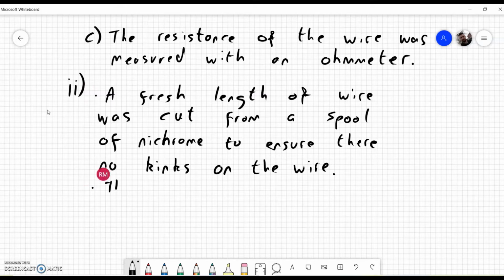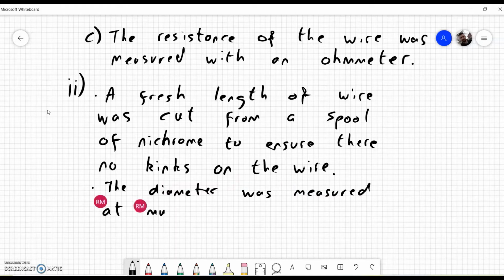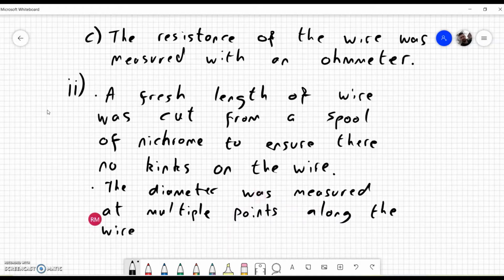The diameter was measured at multiple points along the wire and an average was calculated.